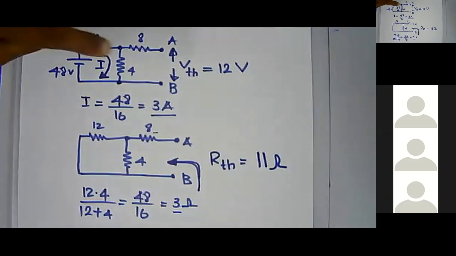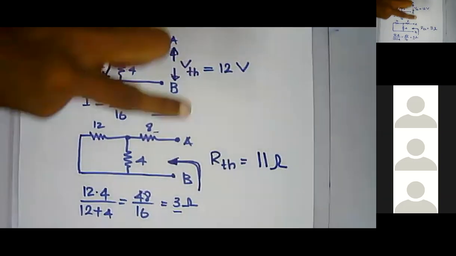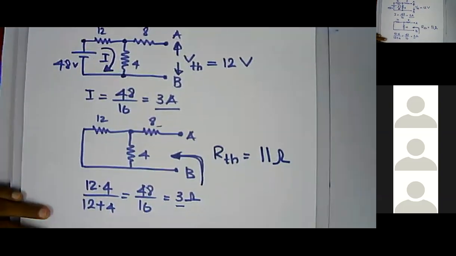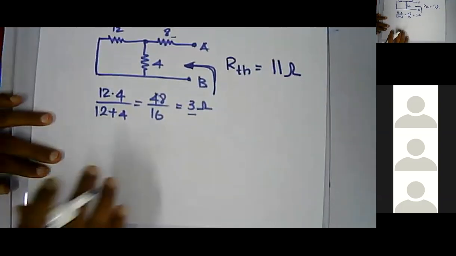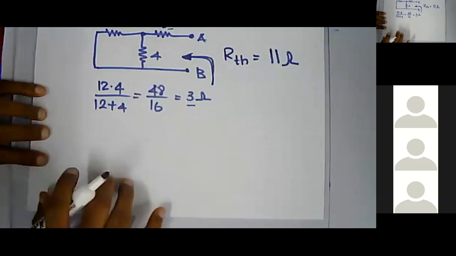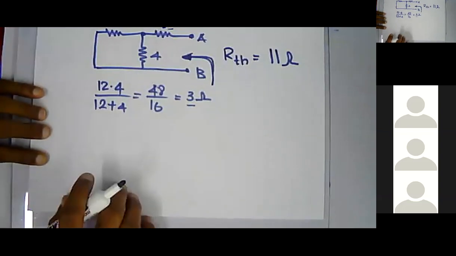Right now, you have calculated VTH and you have calculated the RTH. You have to draw the equivalent circuit. Remember, this is the crucial step in Thevenin's theorem.